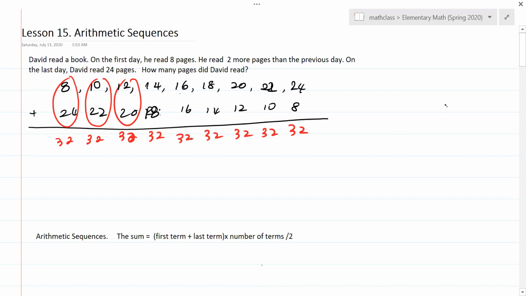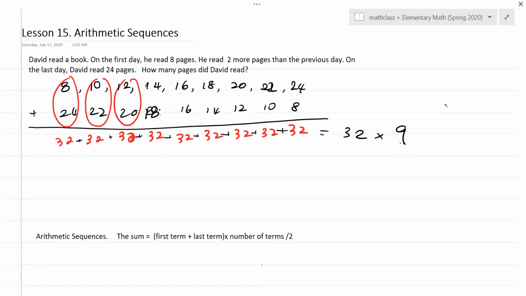So if all the numbers are 32 in this sequence, it's easy to add them together, right? So we reorder the numbers. And if I add them together, you get 32 times 9 numbers here. Just do the multiplication. You can get the sum, okay?